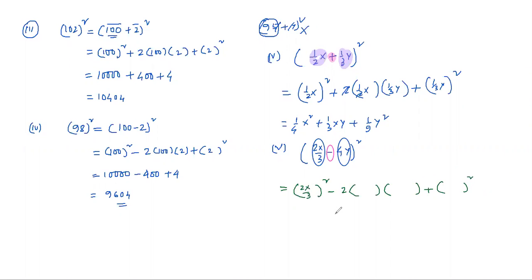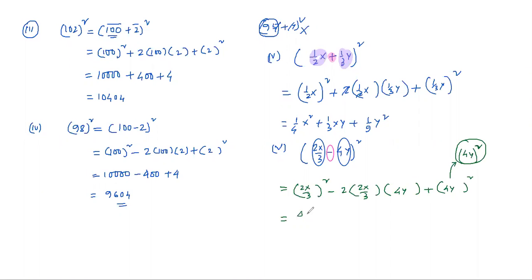This is 2x by 3, then this is 2x by 3, then this is 4y, this is 4y. Why am I using the bracket? Because many times I have seen many students write this as 4y square, but remember 4y square and this what I have written are not the same, right? 4y whole square should be the correct one. So I have used the bracket at the beginning, and I will suggest you use the same.